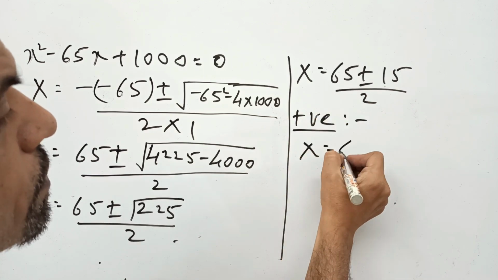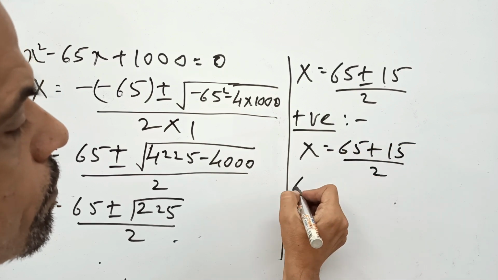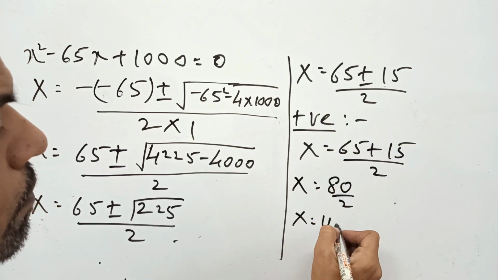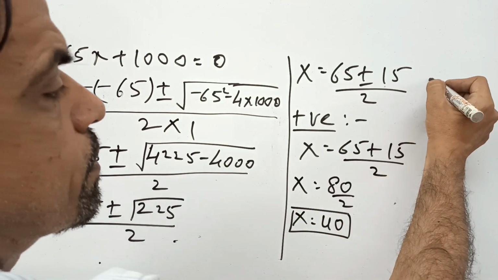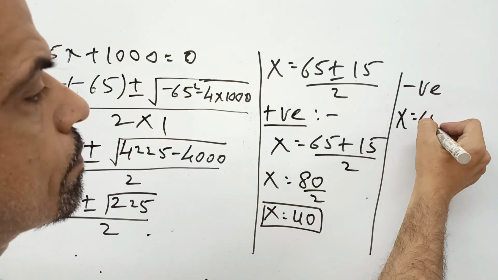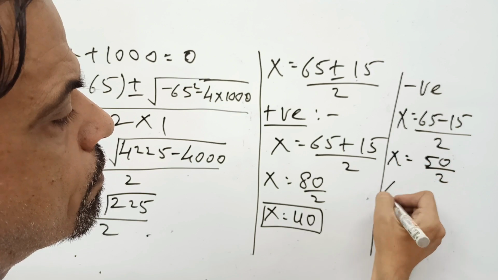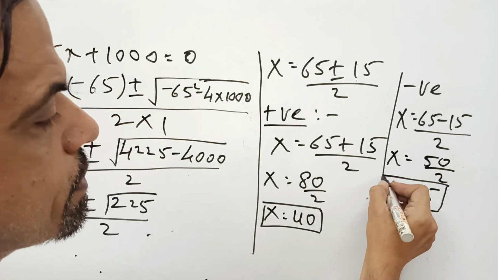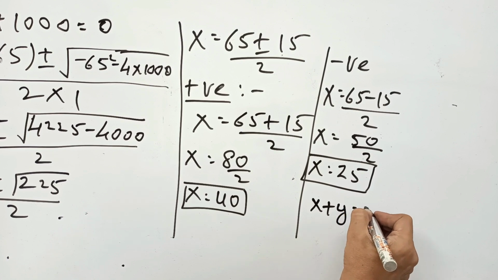So x is equal to 65 plus 15 upon 2, x is equal to 40. Now taking negative, 65 minus 15 upon 2, x is 25. So using this, we formed x plus y is equal to 65.